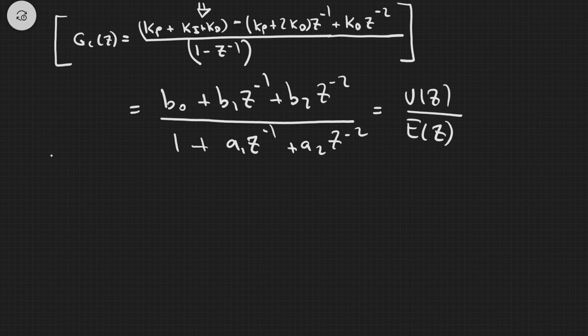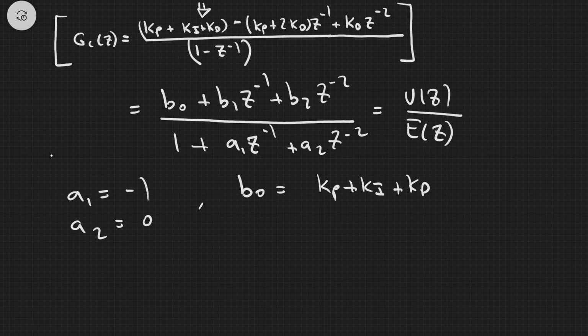If you substitute here, you find that for the digital PID controller, a1 is minus 1, a2 is 0, and b0 is Kp plus Ki plus Kd. b1 is negative Kp plus 2 times Kd, and b2 is just Kd.